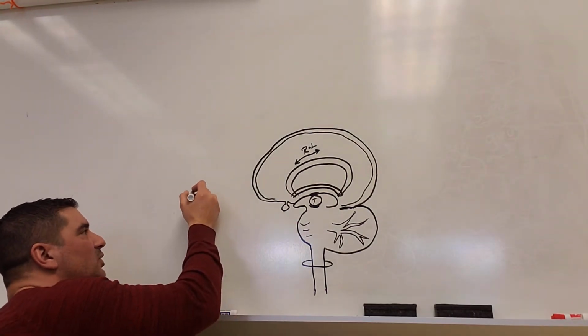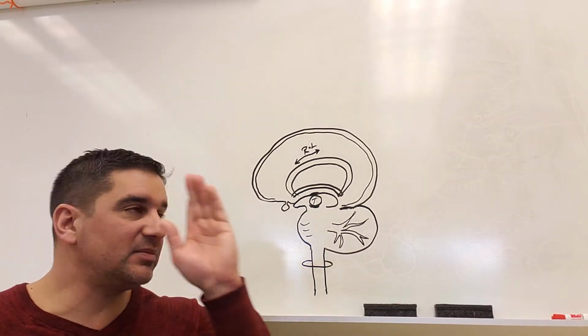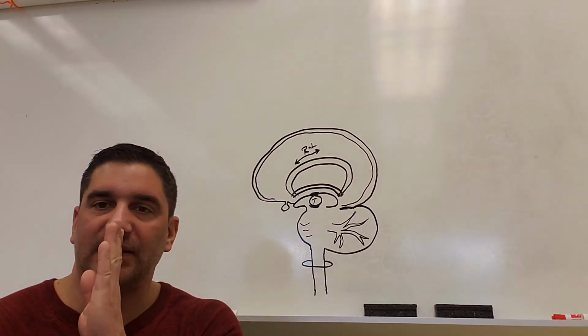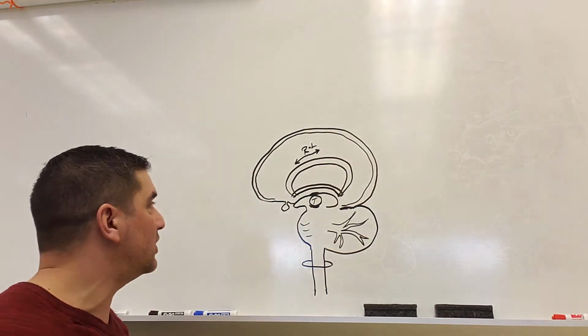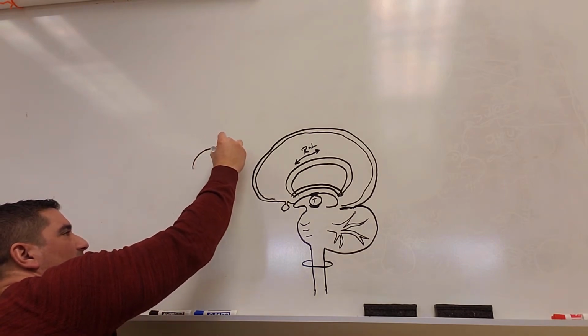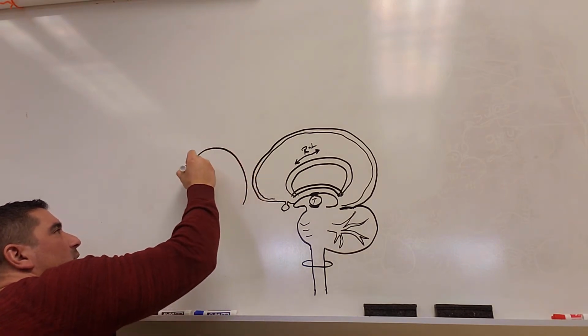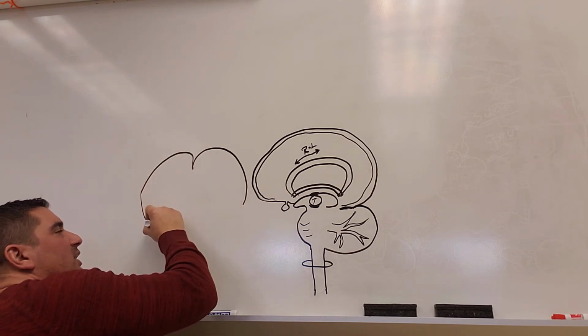So if I were to do a coronal section now, so this is mid-sagittal, like this. If I were to do a coronal section, along the top of my head, down through my ear, like that, and look at the brain, I would have both sides, both hemispheres of the brain.